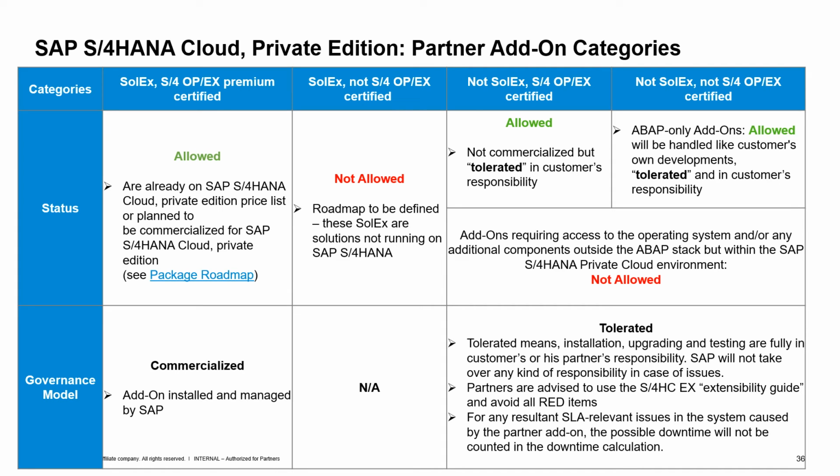It will make your life easier, your customer's life easier, and the provisioning system's life easier. For any resultant SLA relevant issues in the system caused by the partner add-on or package or extension, the possible downtime will not be counted in the downtime calculation. So please keep this in mind, very important.